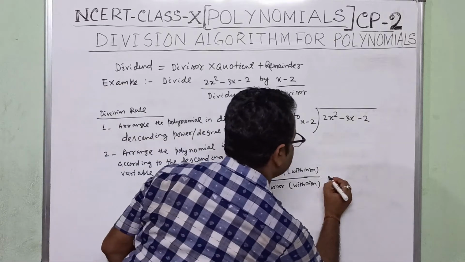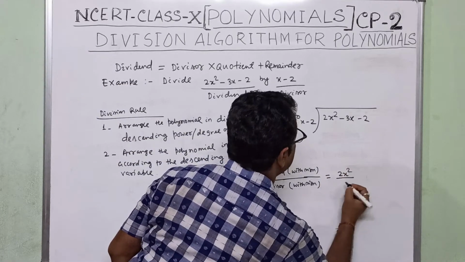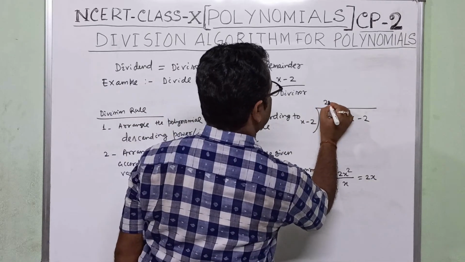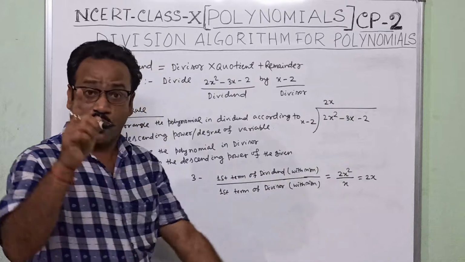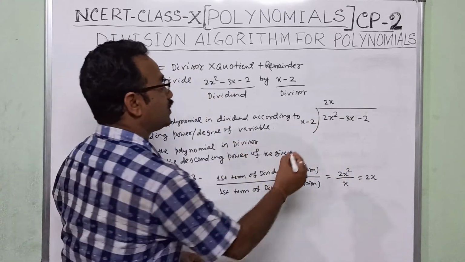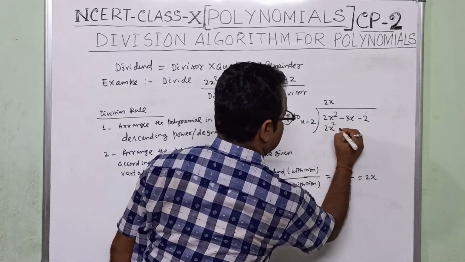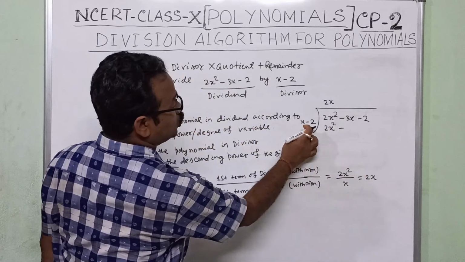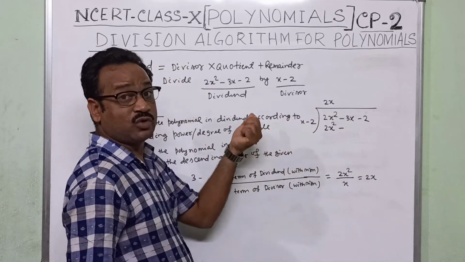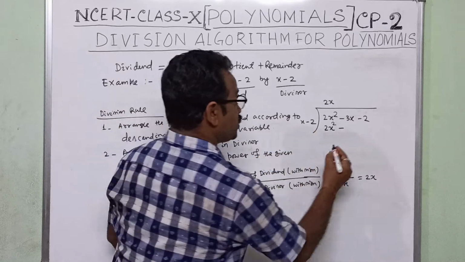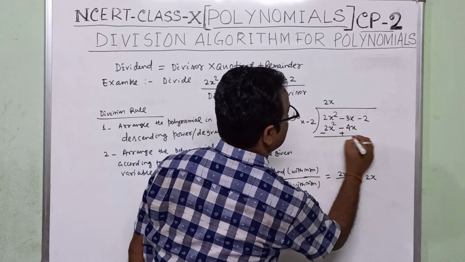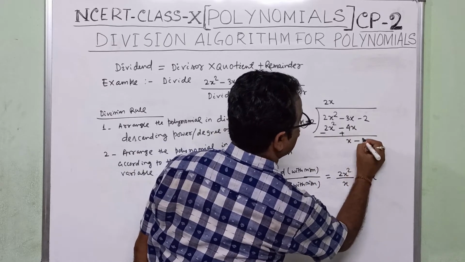So our first term is 2x square by x, which is equal to 2x. Now put 2x, and that 2x will be multiplied with x to give 2x square, then minus 2x into 2, since the result is multiplied with both the terms of the divisor. So now this becomes 4x. Now change of sign.